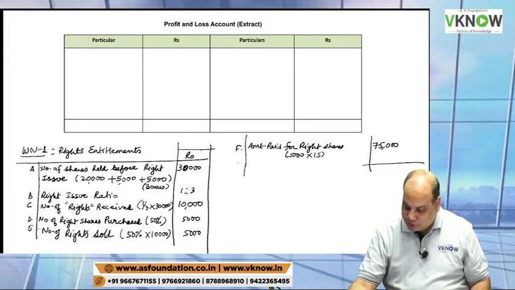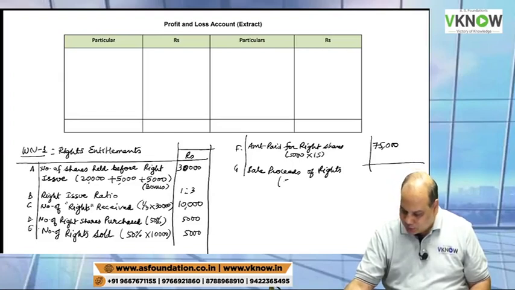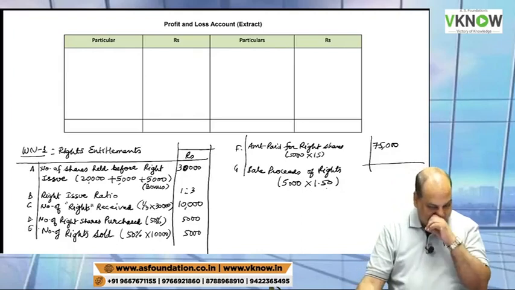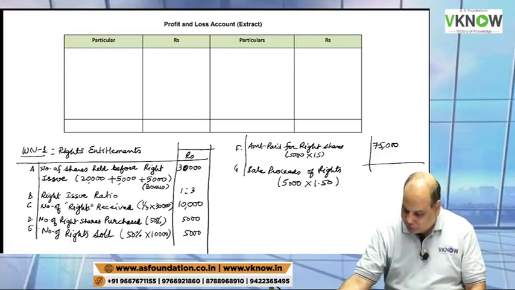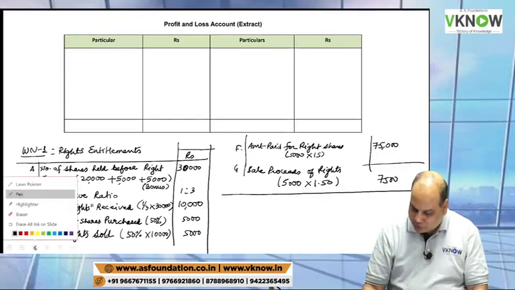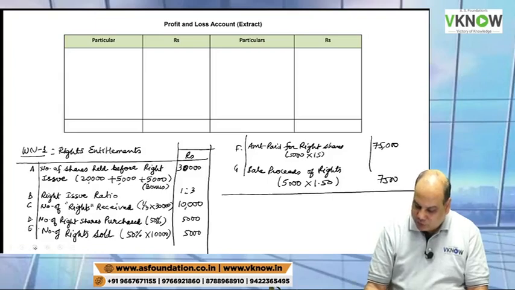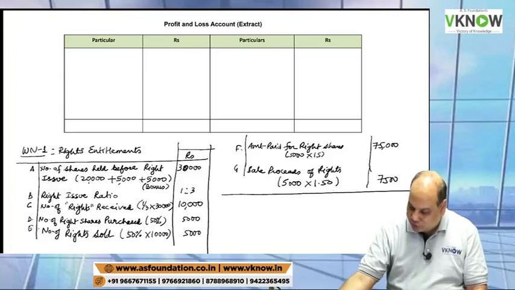So point number G, sale proceeds of rights. 5,000 rights sold to Anant for 1 rupee 50 paise, so that is 7,500.